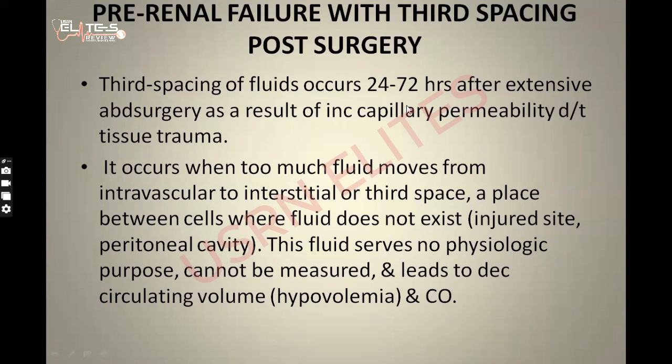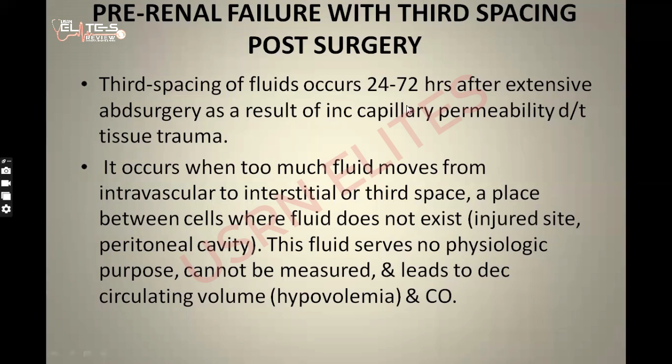You remember, according to the Virchow's triad, we have another one, intravascular injury, right? Or how do you call this one? Endothelial damage. Yes, endothelial damage. So it is the same thing here.